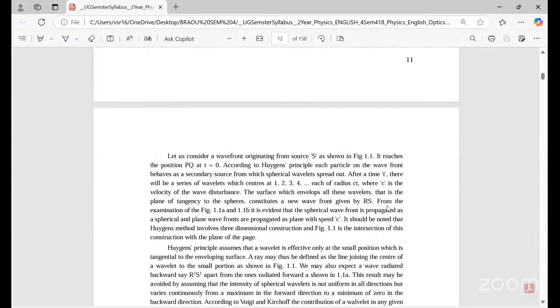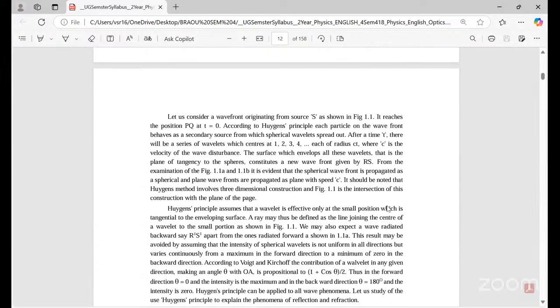By examination of these two, it is evident that the spherical wavefront is propagated as a sphere, and plane wavefronts are propagated as a plane, with a speed of 3 into 10 power 8 meter per second. It is also noticed that Huygens method involves a three-dimensional construction.